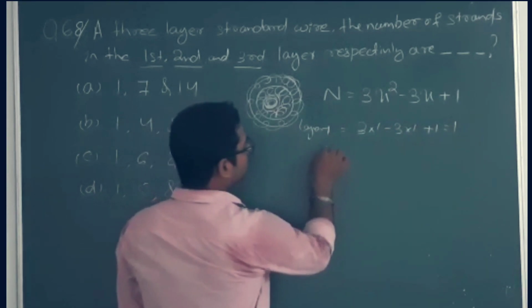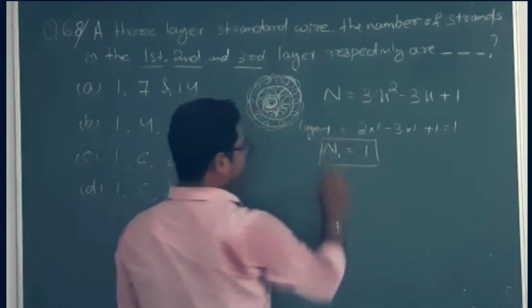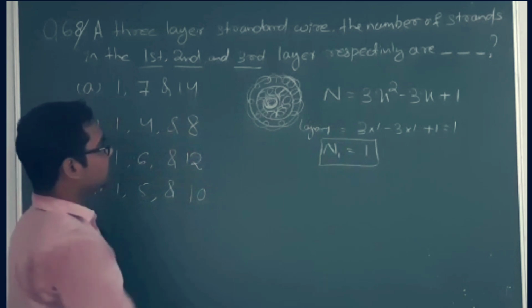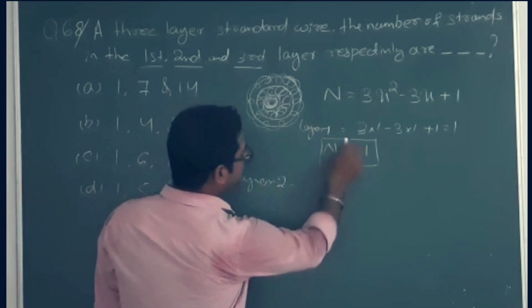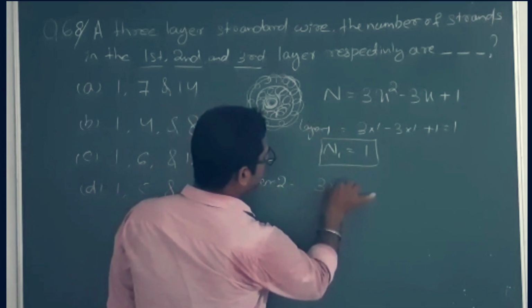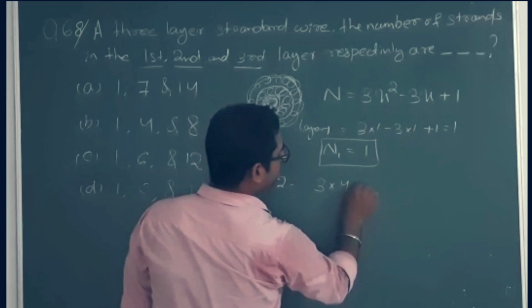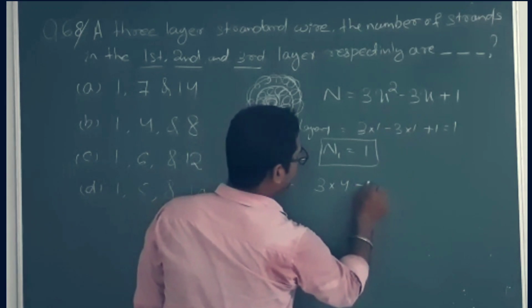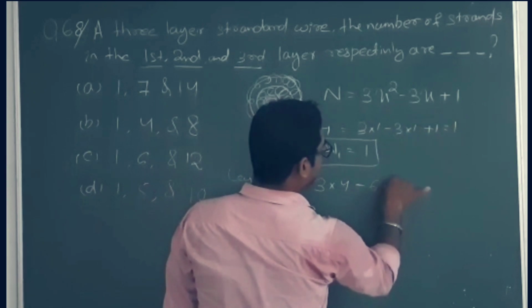So n1 will be 1. For layer 2, it is 3 into 2 squared, which is 4, minus 3 into 2, which is 6, plus 1.